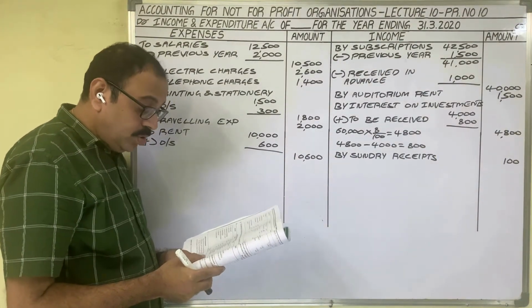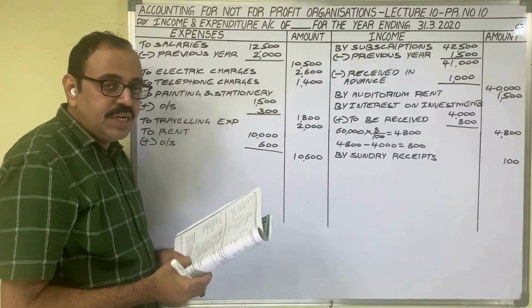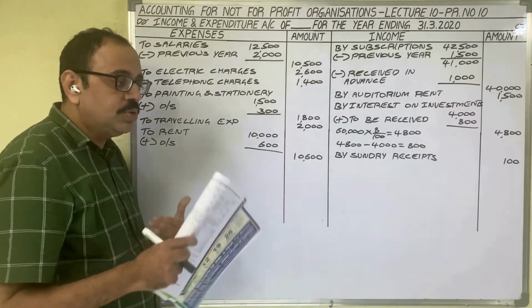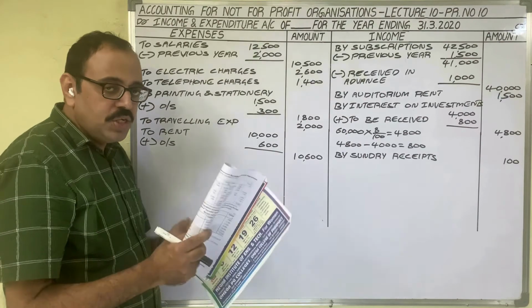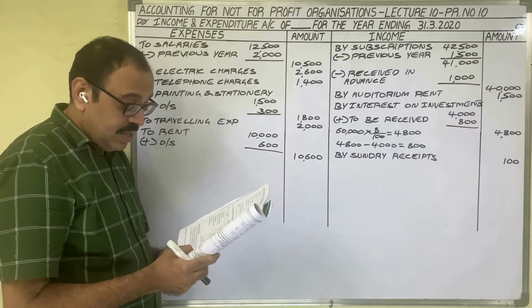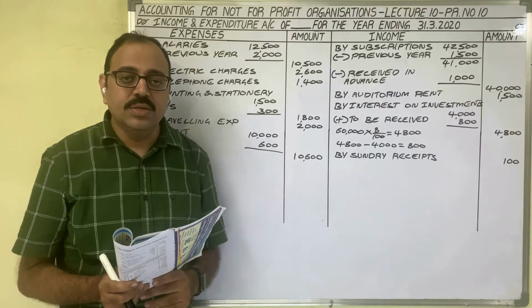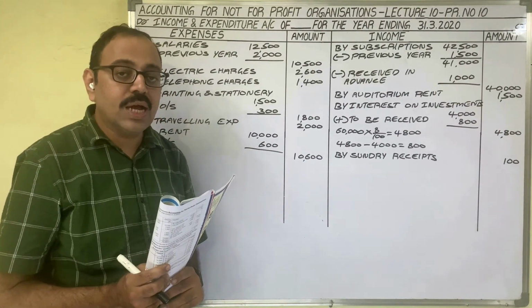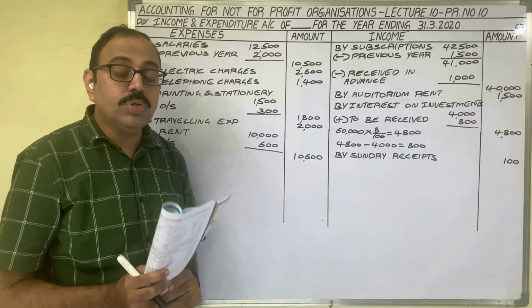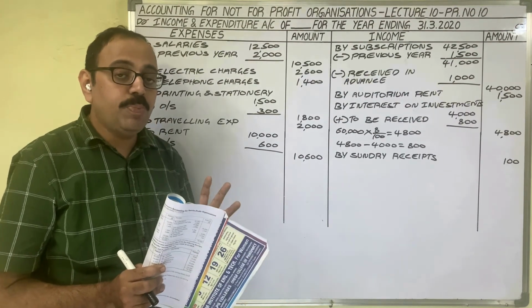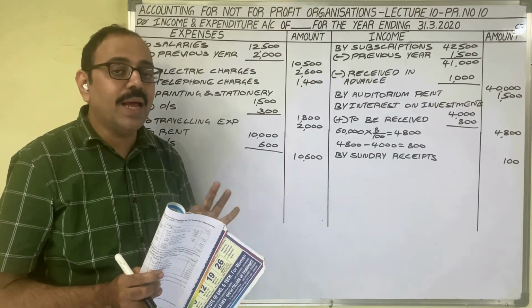Next, books purchased. Payment side is given because we purchased books and we paid money, cash is going, so it is a payment. And books purchase is capital expenditure. So books purchases come under asset. Books are assets, but newspapers, magazines are not assets.